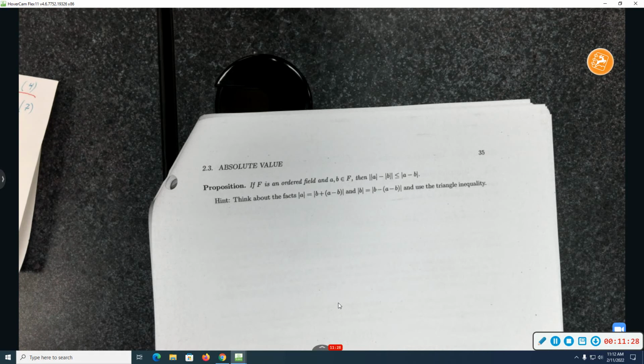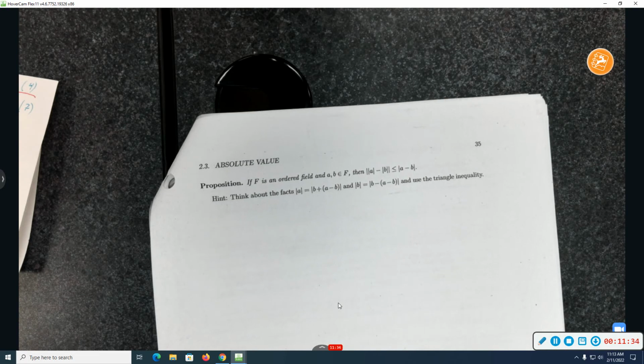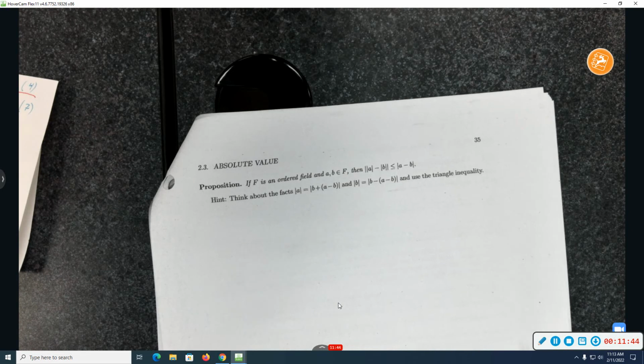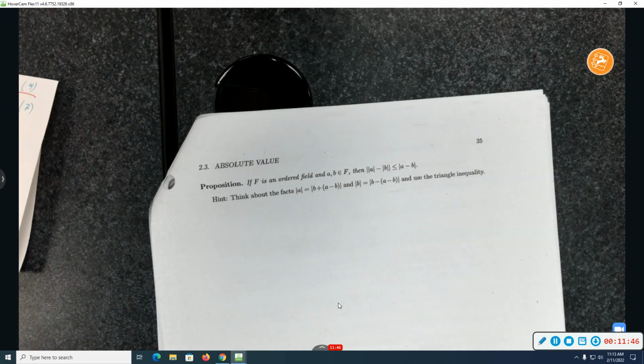You could make a case-wise proof, but there will be lots of cases. So maybe I'll give you the suggestion, instead, think about using the triangle inequality. And there's even a comment of something that might be worth thinking about. Cool.